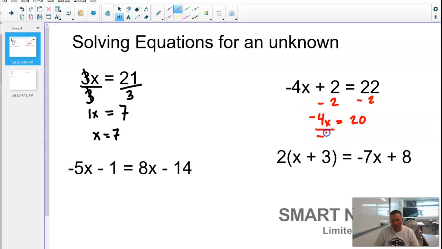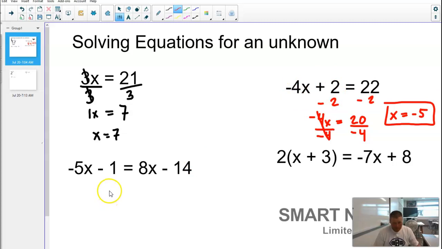I'm going to divide by -4, and I leave the negative with it because I don't want the negative on the other side. That becomes 1x, and equals whatever 20 divided by -4 is, which is -5, and that'll be your solution. Again, we get any like terms together, then add or subtract, then multiply or divide. That's kind of the key here.